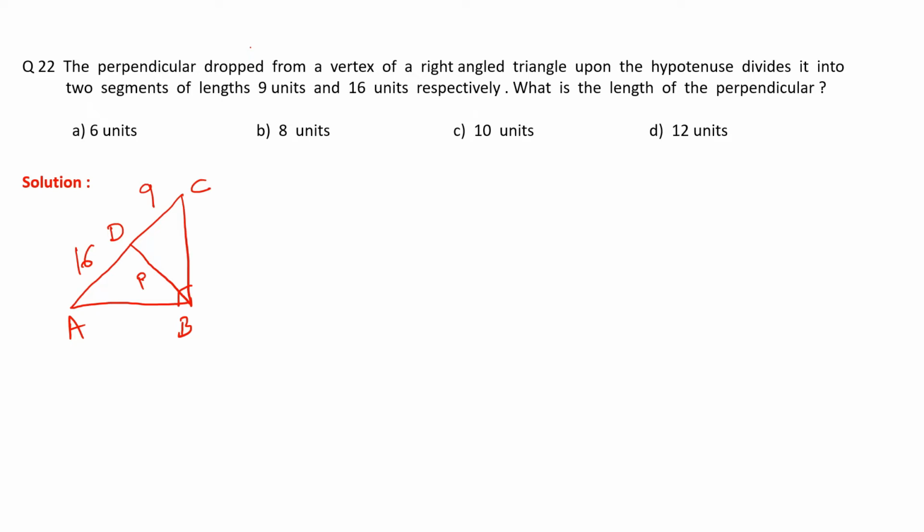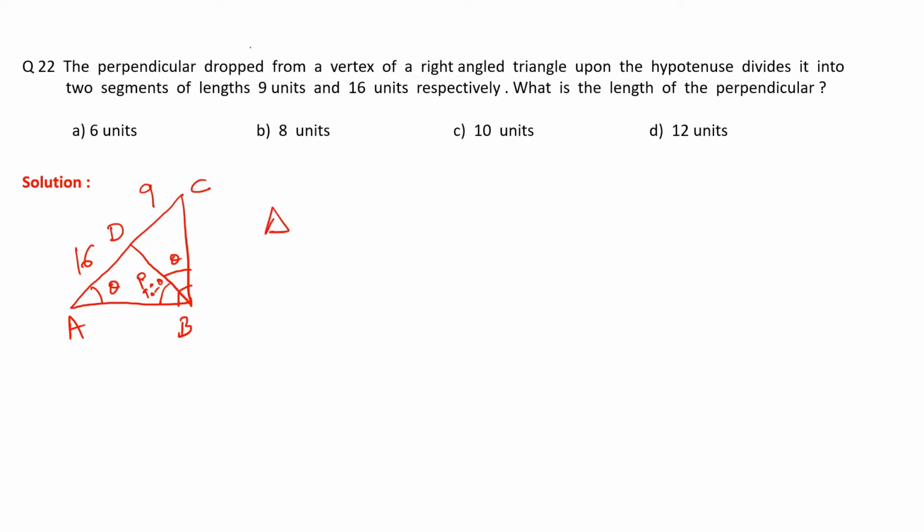First of all, let's take this angle as theta. Fine. If this is theta, then this particular angle, that is angle ABD, will be 90 degree minus theta. And since angle ABC was 90, we will be getting angle DBC as theta again, right? Now students, I'll be using trigonometry in this question.